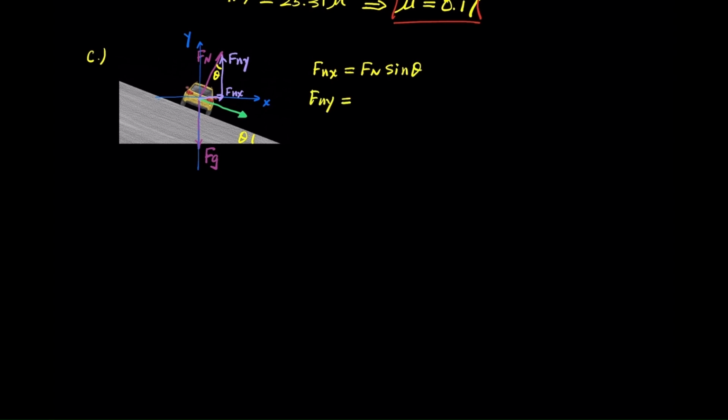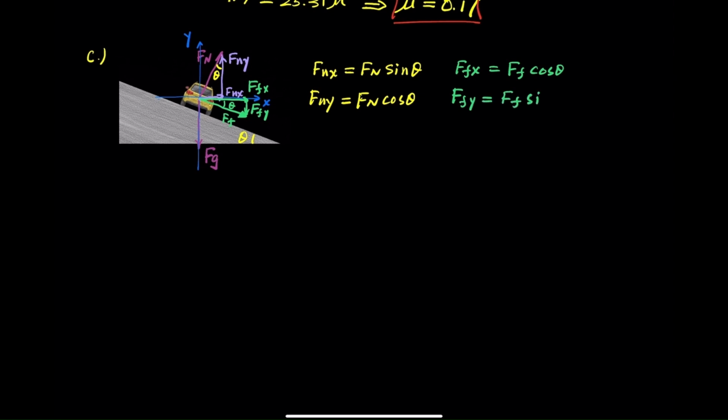Fny equals Fn cosine theta. And for the friction force, this is the Fx component and Fy component. This is F, and this is angle theta. So Fx is F cosine theta, and Fy is F sine theta.